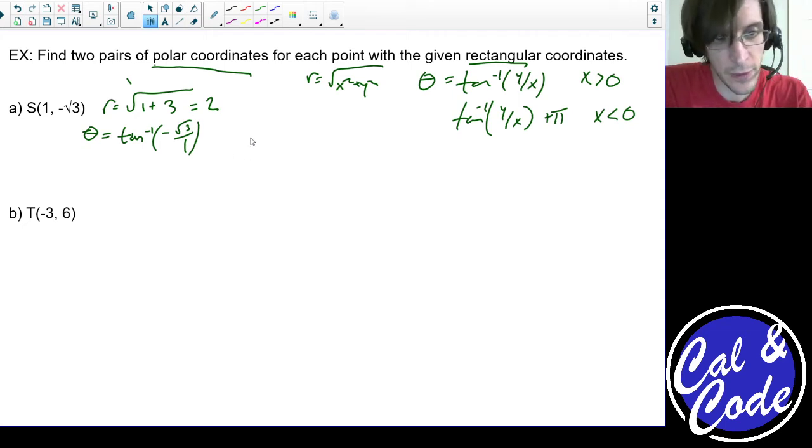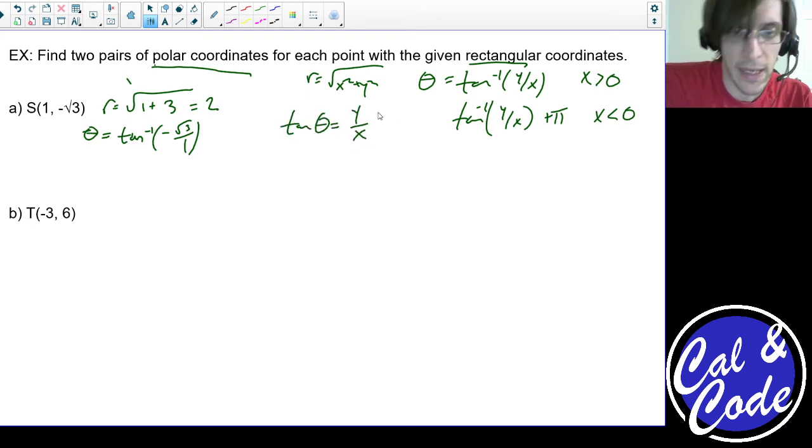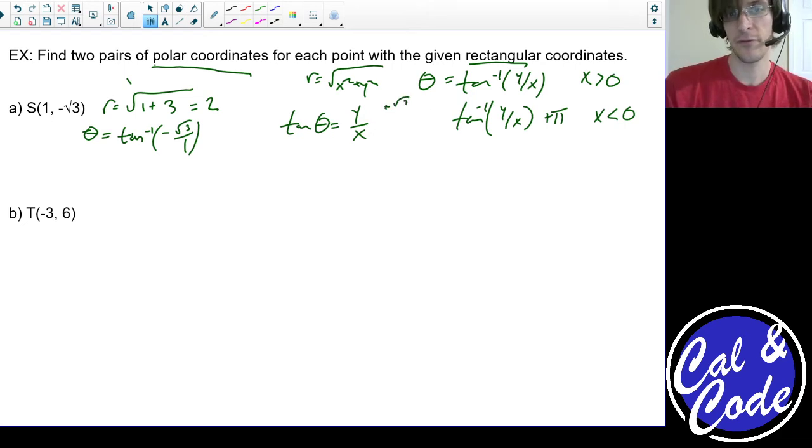And tangent of theta is always the y over the x. I need the y divided by the x to give me negative root 3. If I don't have my unit circle well memorized, that can be a challenge. What I'm really looking for here is when it is negative root 3 over 2 over positive 1 half, or positive root 3 over 2 over negative 1 half.